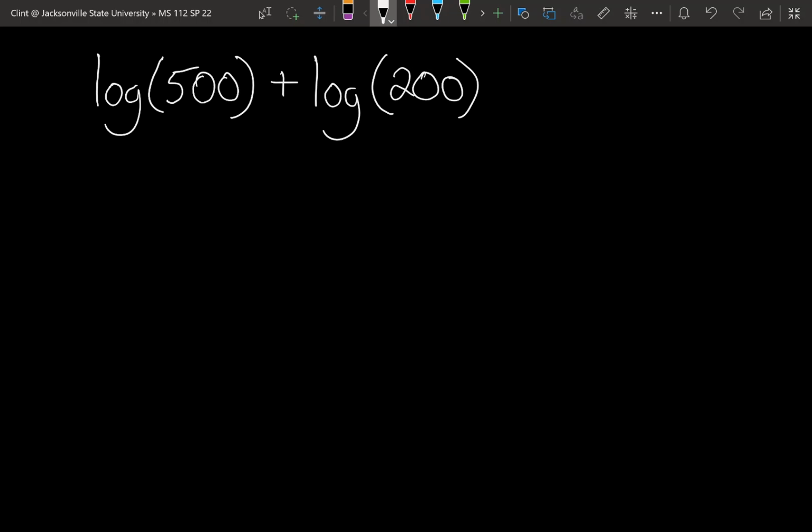Just using our laws of logarithms, we've got 2 logs with a plus sign between them, so we can combine those by multiplying. That'll be log of 500 times 200.